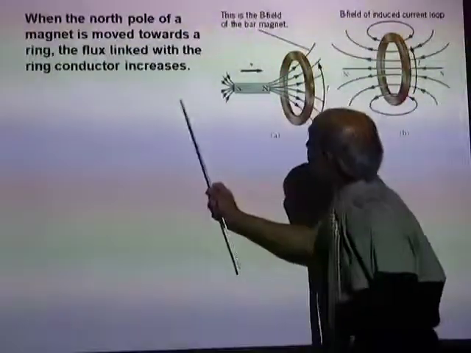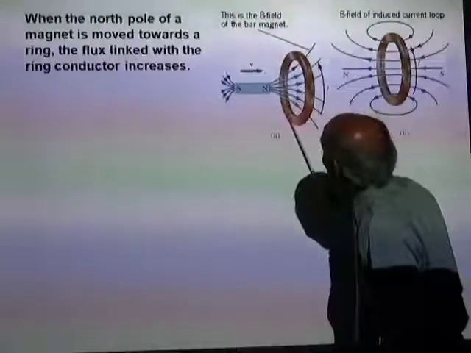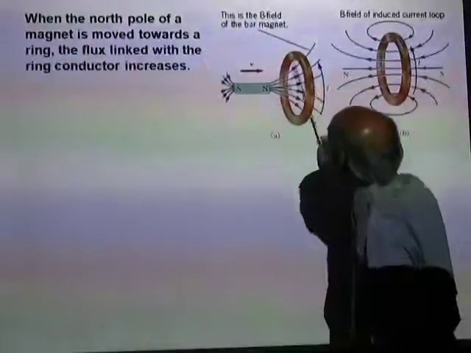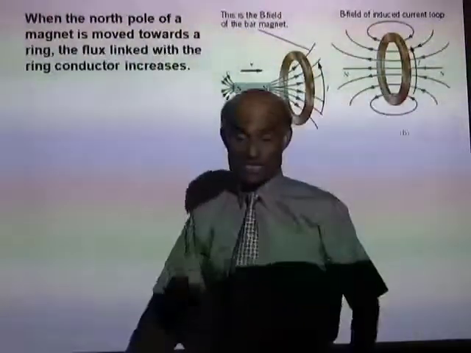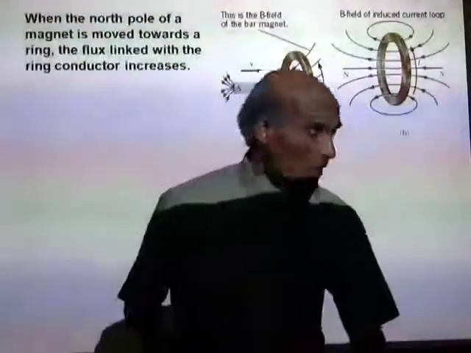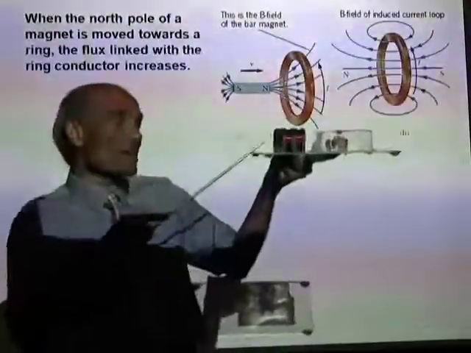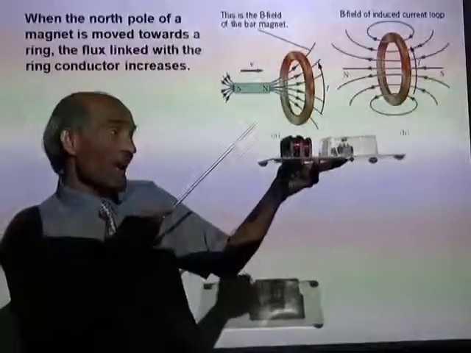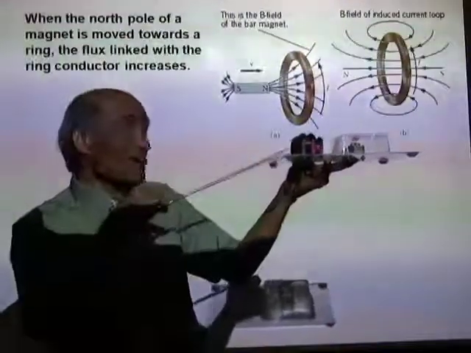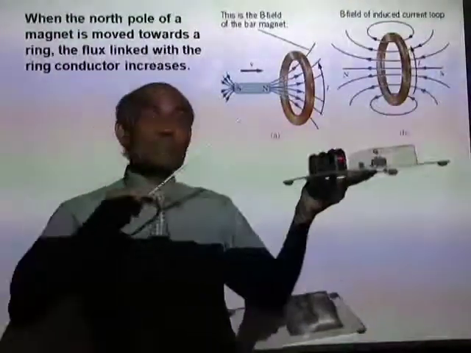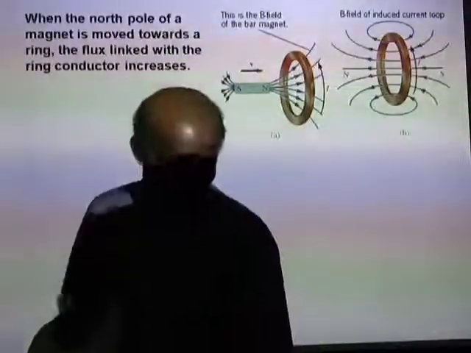That means if a north pole is moved towards this conductor, then this end of the conductor will become a north pole. Now remember, how do you know? In the last lesson I told you, in the case of a solenoid, if you look into the solenoid and the current flows in the counterclockwise direction, then that end will be a north pole. If the current flows in the clockwise direction, that end will be a south pole.